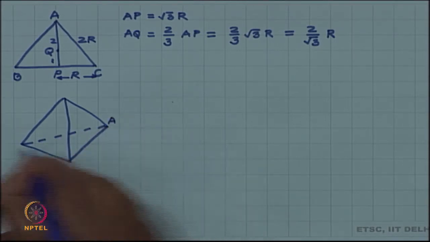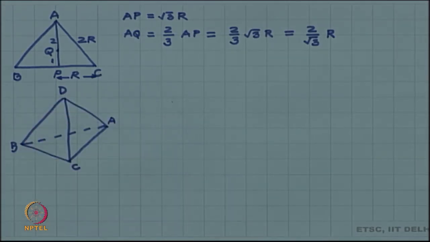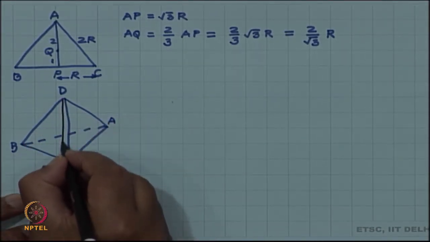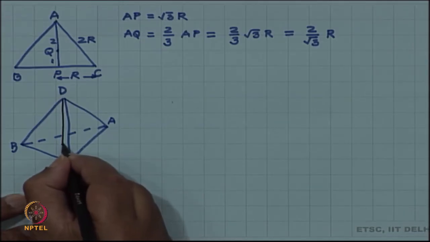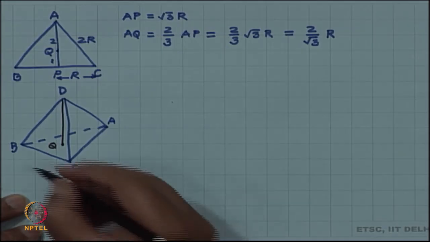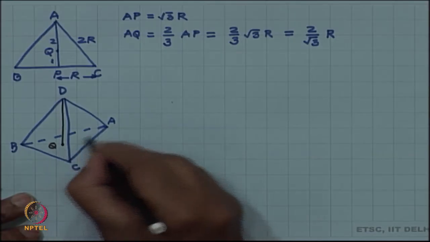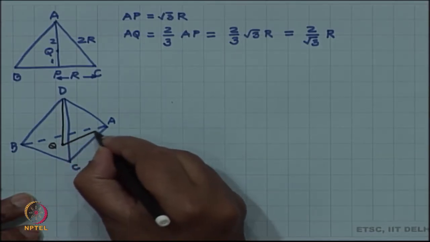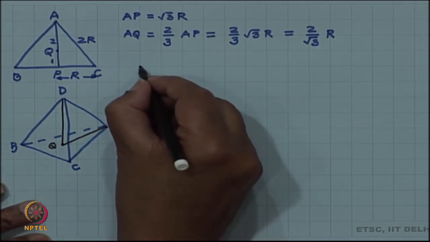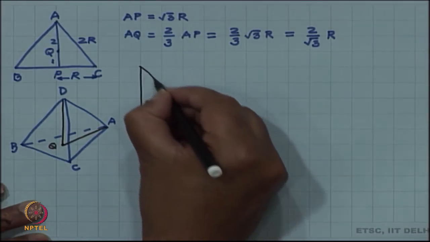This was our A, B, C, the apex D. From D, if we drop a perpendicular, this meets the centroid Q. This again from the geometry of the tetrahedron, and if we now join AQ, the next triangle which we will focus on is this triangle.